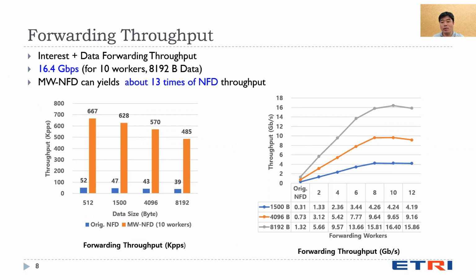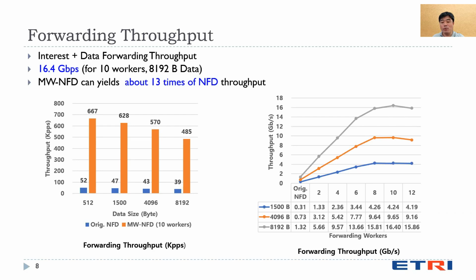The left graph shows the PPS throughput for various data sizes when the number of forwarding workers is 10. Because MW-NFD allocates 2 additional cores for 2 input threads, this result came from 12 cores of computing power. The right graph shows the bandwidth throughput with various numbers of forwarding workers. We can see that the throughput is saturated at 8 or 10 workers, which is 16.4 gigabps with 8K byte data.